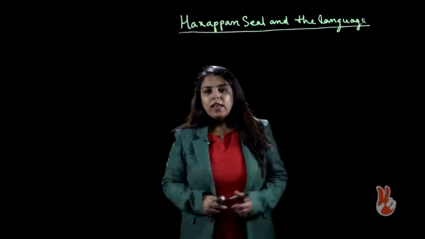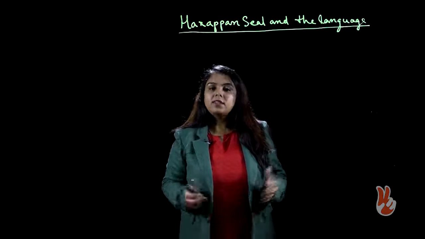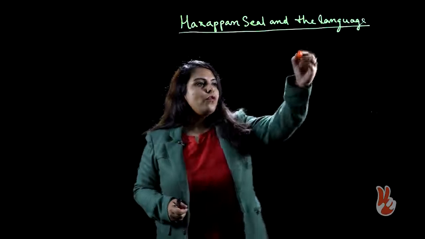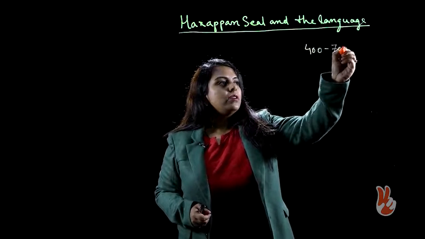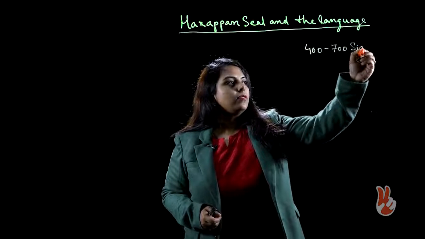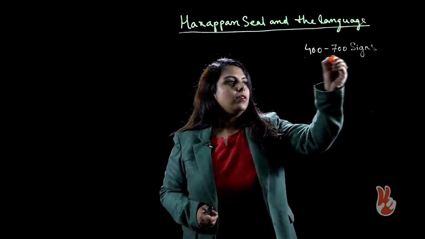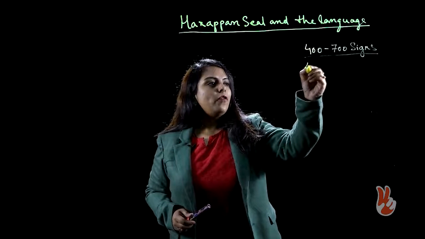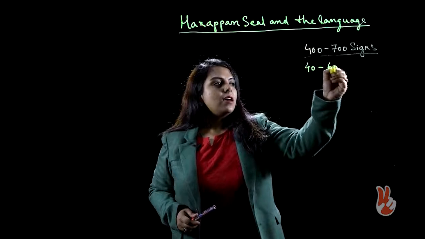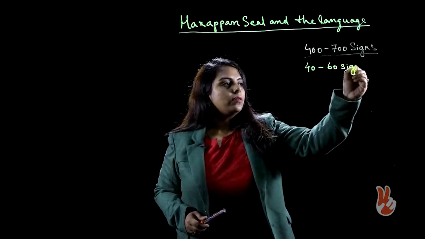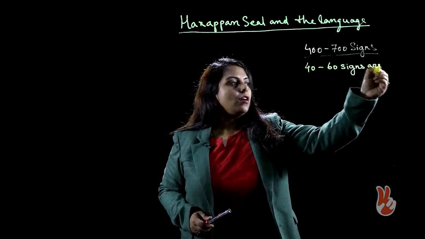So, now let us understand what was the language. We are going to talk about the language of Harappan people. When we study the language, we find that in the seals there were around 400 to 700 signs. But out of these, only 40 to 60 signs are regularly used, are common.